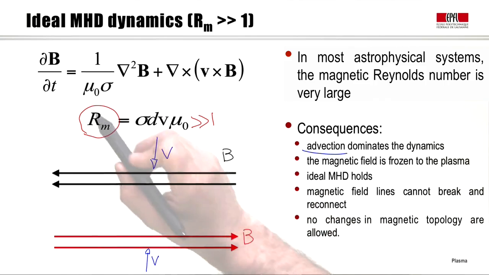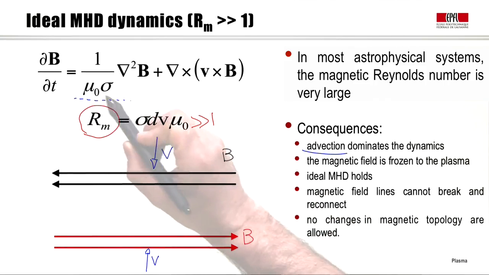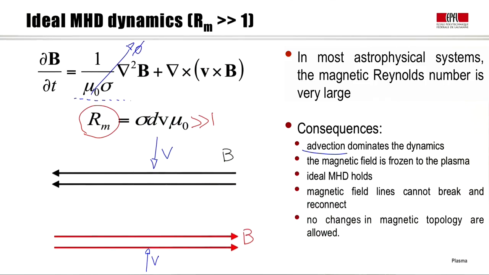This means that the magnetic diffusivity term can be neglected. Another important consequence of a very large magnetic Reynolds number is that the magnetic flux is frozen to the plasma motion, and therefore the magnetic field lines cannot break or reconnect.